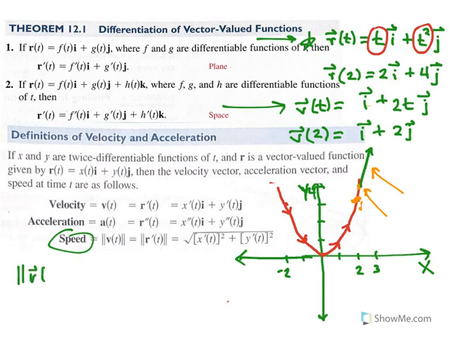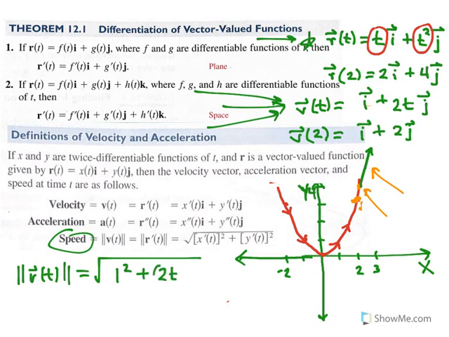So you would have the magnitude of the velocity vector, which is, by definition, the square root of, here's the velocity vector. The horizontal component is the constant function 1, so you have 1 squared, plus the vertical component is the function 2t, so you have 2t squared.